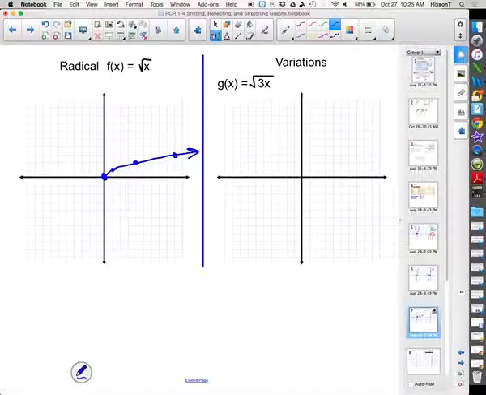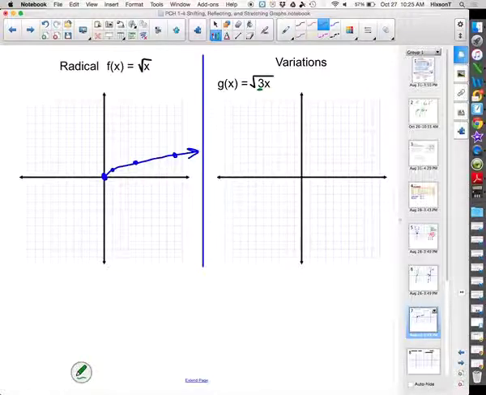Okay? So now we look over here. g of x is the square root of 3x. So what's that 3 going to do? Horizontal shrink.